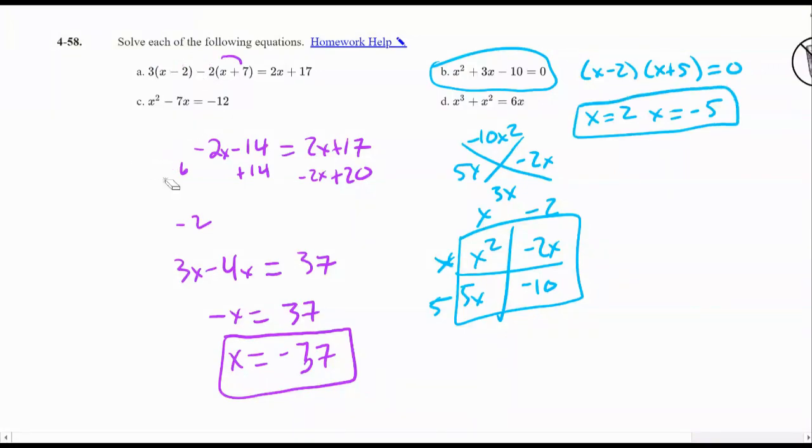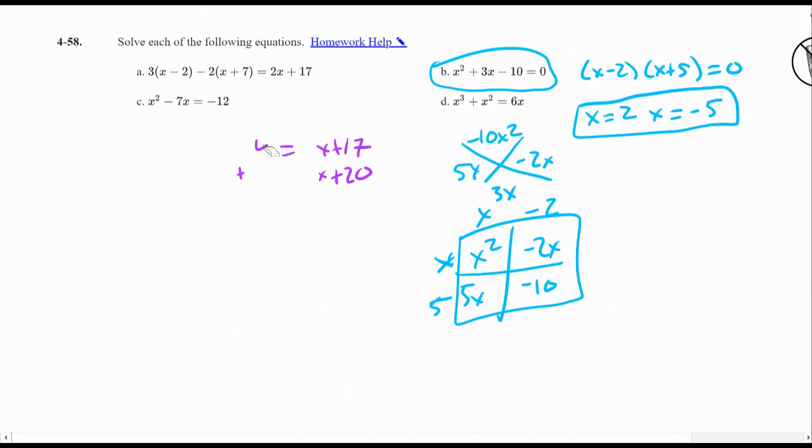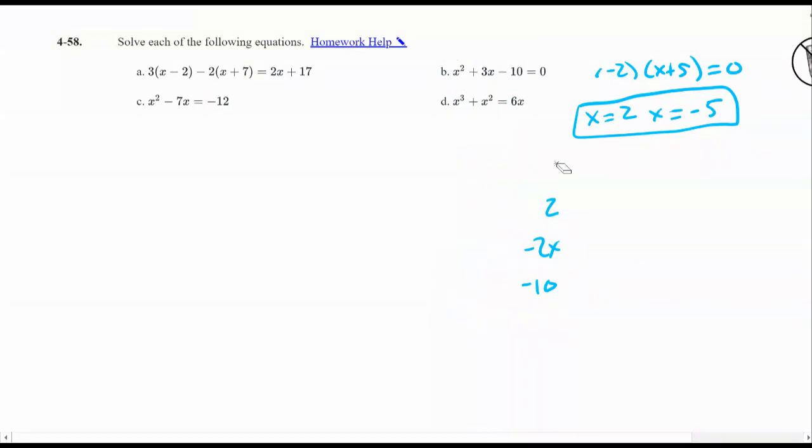So next up on C here, I'm going to set it equal to 0 first. So I'm going to add 12 to both sides, and then I'm going to probably try factoring again, see if that works. So x squared minus 7x plus 12 equals 0.